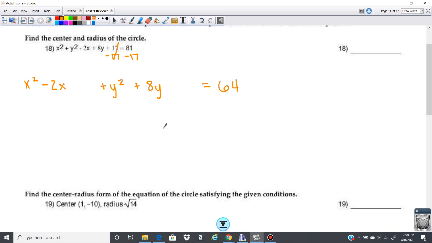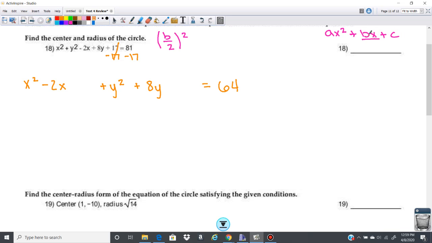All right, the next thing I want to do is complete the square. Remember that that is going to be b over 2 squared, and that's b in a quadratic. In a quadratic, you've got the form ax squared plus bx plus c.